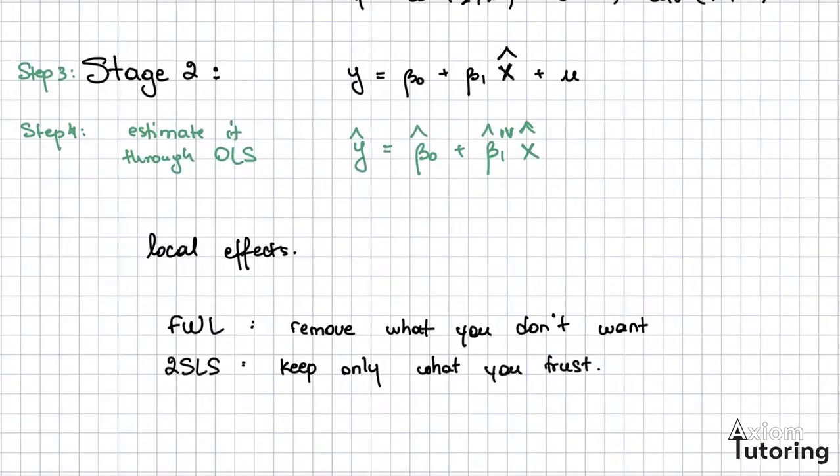Because at the end of the day, you still need variation to explain why your Y is varying. So both are about identifying the right variation. It's just that the Frisch-Waugh-Lovell works when you have all the relevant variables. 2SLS works when you don't, but you have an instrument instead.